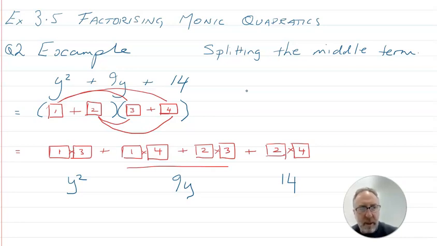And box 1 and box 3, well, there's only one way you can get y squared, and clearly box 1 has to be y, box 3 has to be y. And now we need a way of figuring out what times together gives 14, but adds together to give 9.